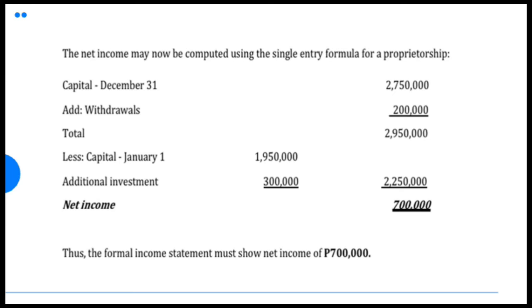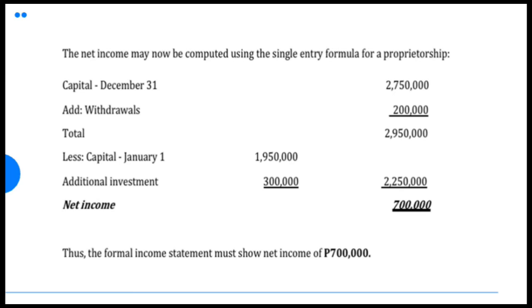So, para daw makuha natin yung net income, kailangan natin i-less yung capital ng January 1 and the additional investment. So, ang capital ng January 1 is 1,950,000 and the additional investment is 300,000. Pag pinag-add natin yung 1,950,000 at yung 300,000 na additional investment, ang total na yun is 2,250,000.